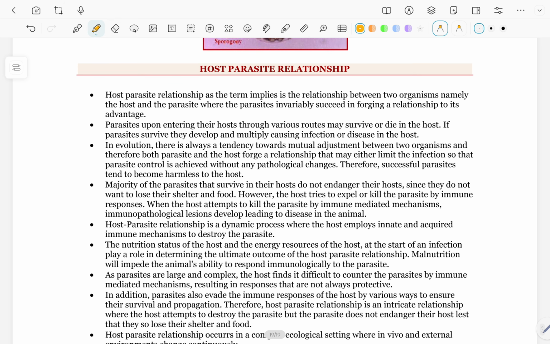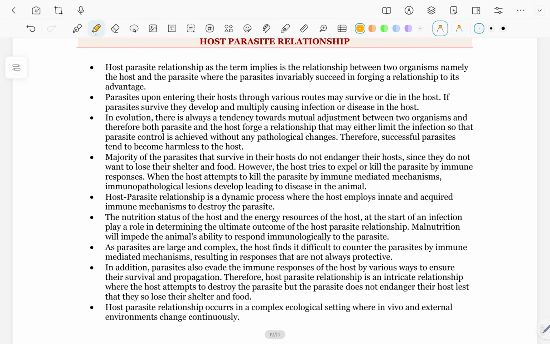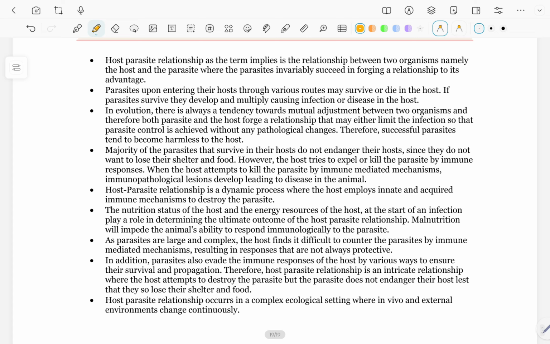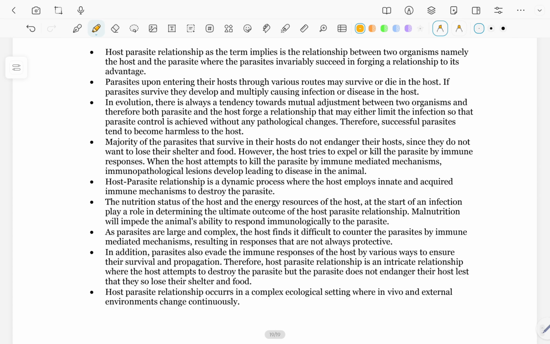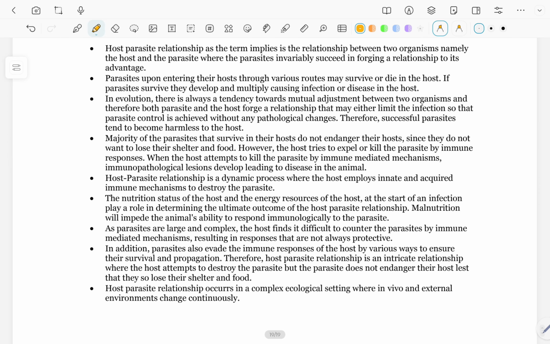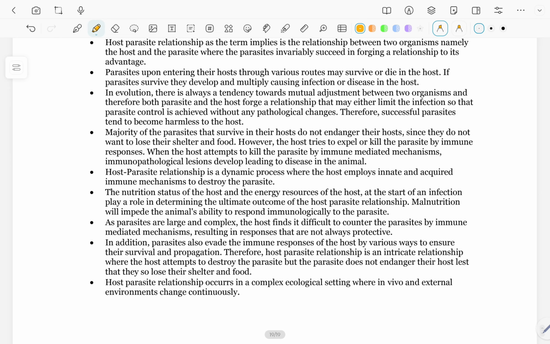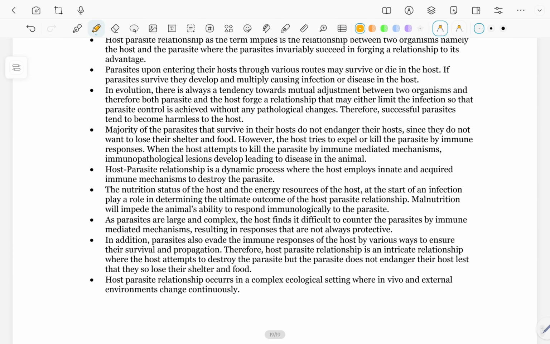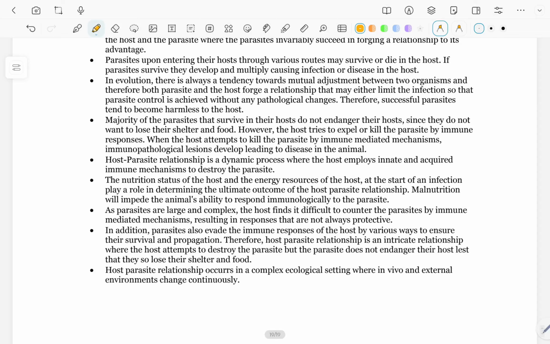In evolution, there is always a tendency towards mutual adjustment between two organisms, and therefore both parasite and host forge a relationship that may limit the infection so that parasite control is achieved without any pathological changes. Therefore, successful parasites tend to become harmless to the host.